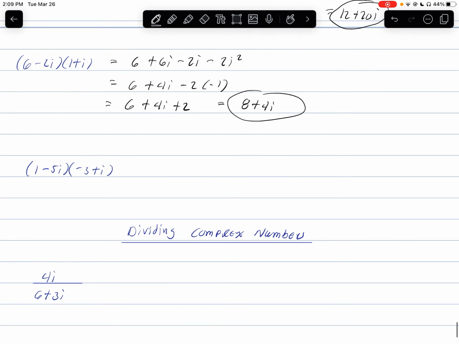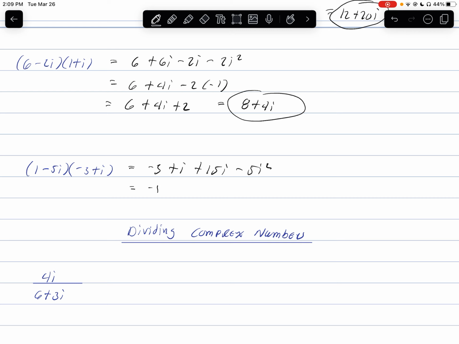Okay, let's do one more. 1 minus 5i times -3 plus i. Okay, if we do our usual foiling, we get -3 plus i. Then we have our inners. So -5i times -3 is going to give us plus 15i. And then we have minus 5i squared.